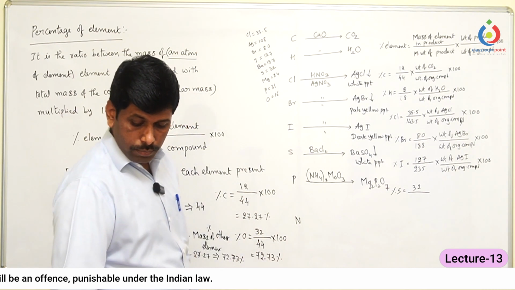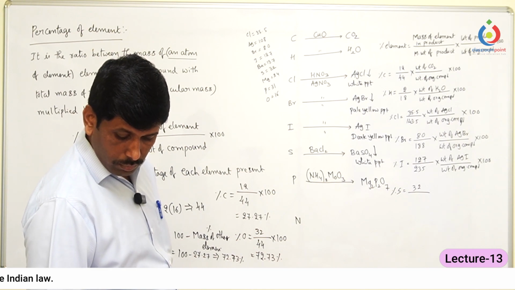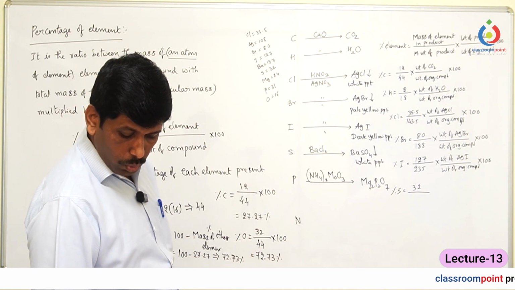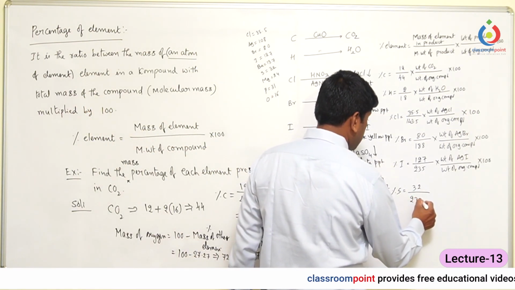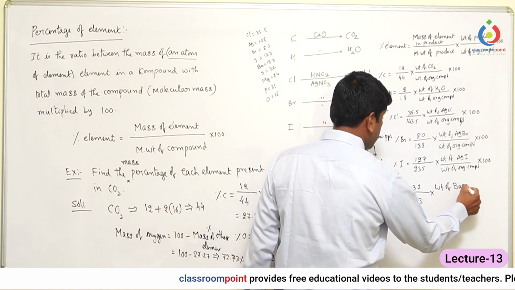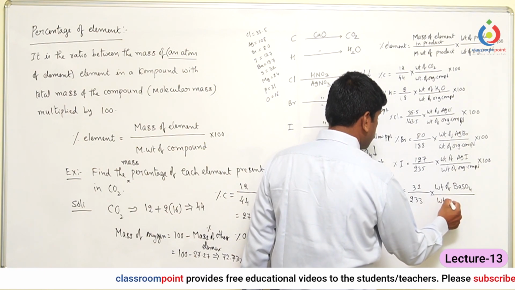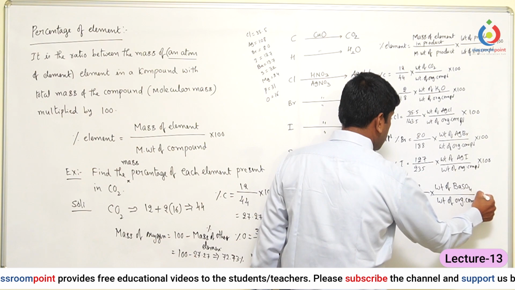So let us do the calculation: 233. So it is 32 divided by 233, into weight of barium sulfate divided by weight of organic compound, into 100.